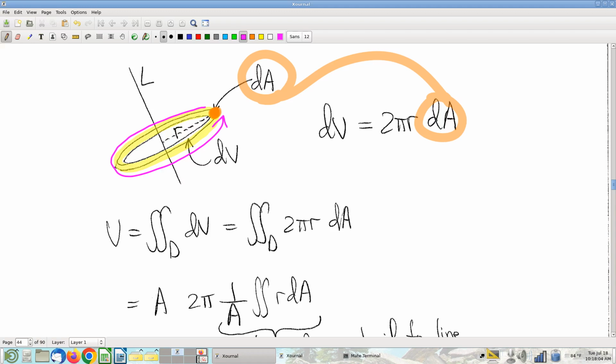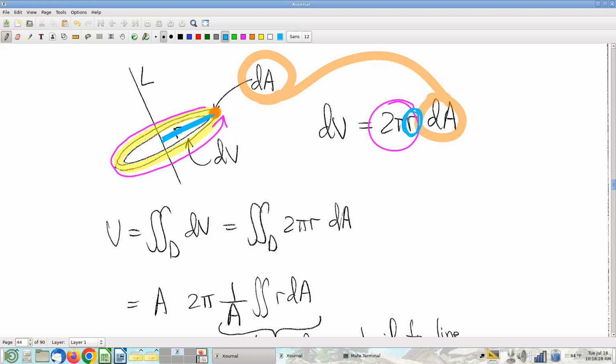Okay. And of course that length is the circumference of that circle, which is 2 pi r, where r is the distance from that point to the axis. And now that's where things start to look a little creepy, because you're like, oh, wait a minute, how do I compute that distance to that axis? And don't I need to worry about that?